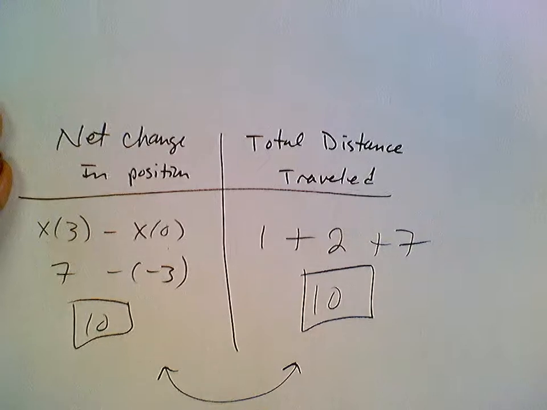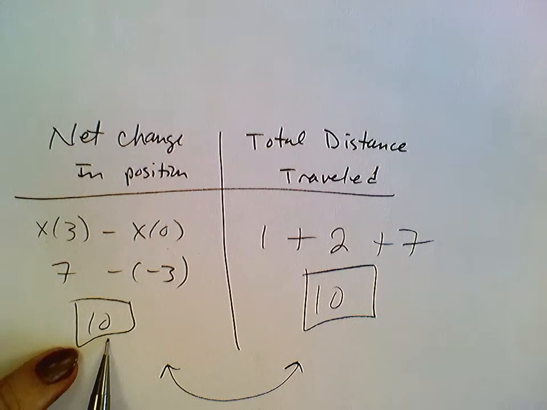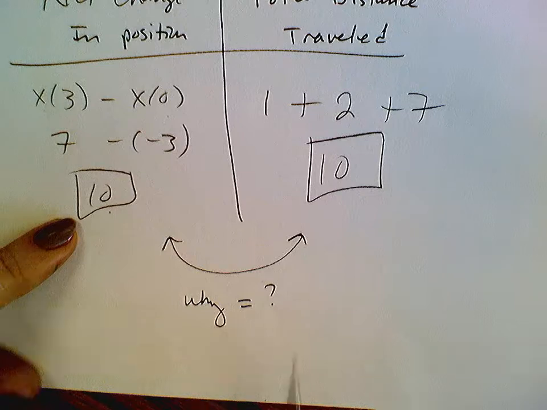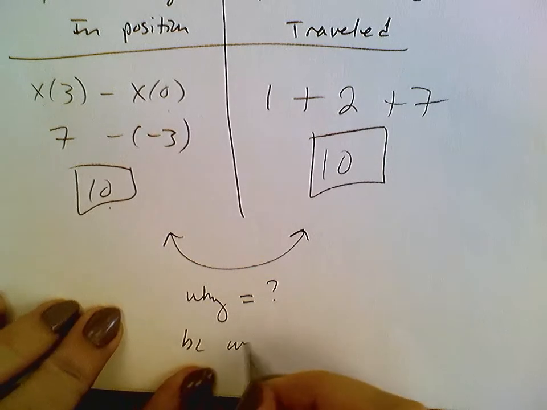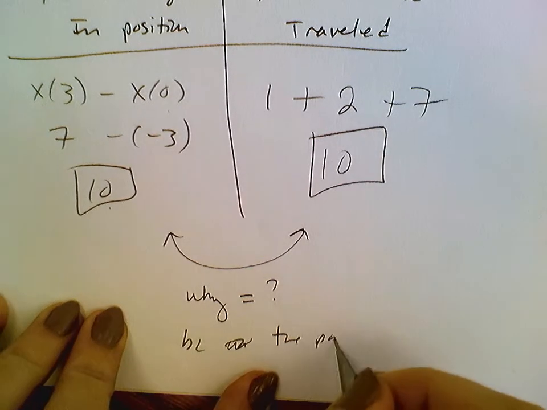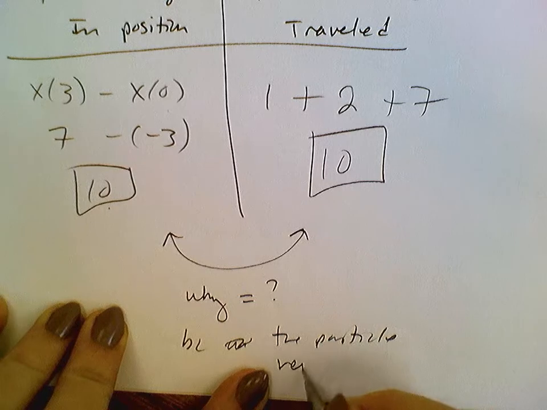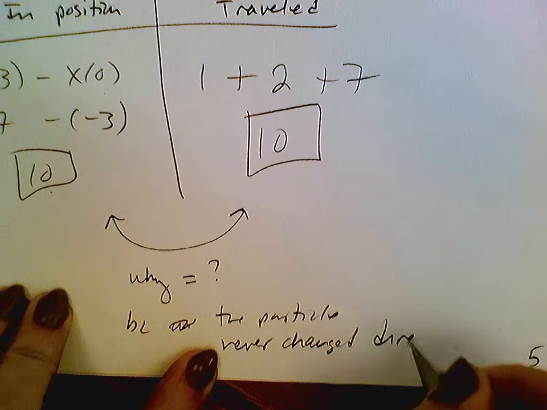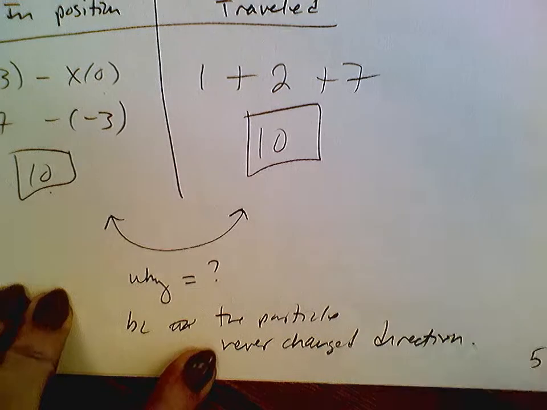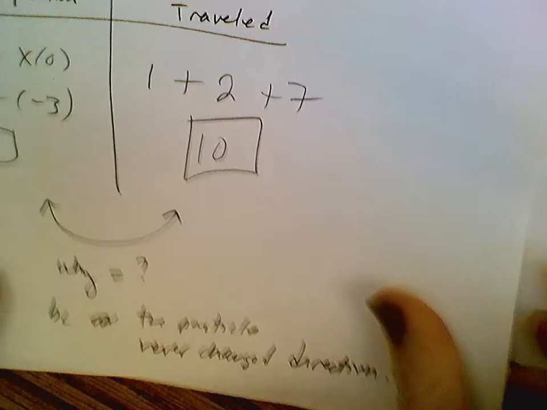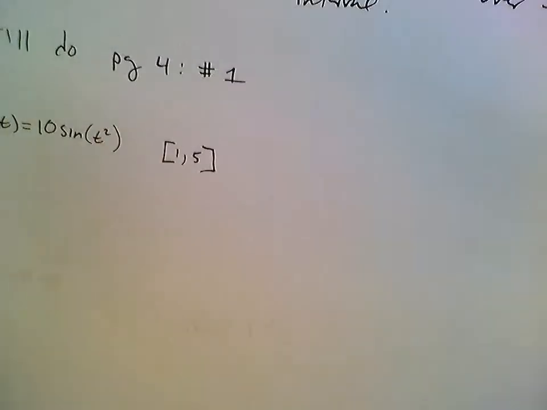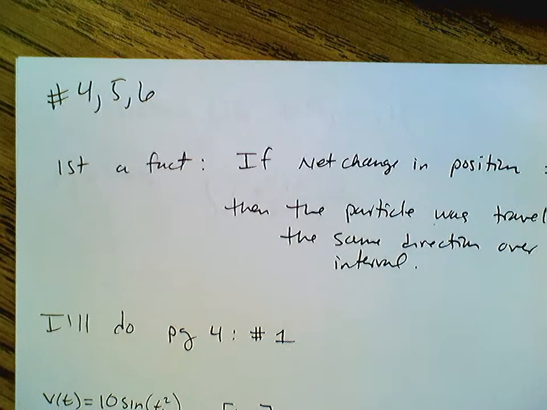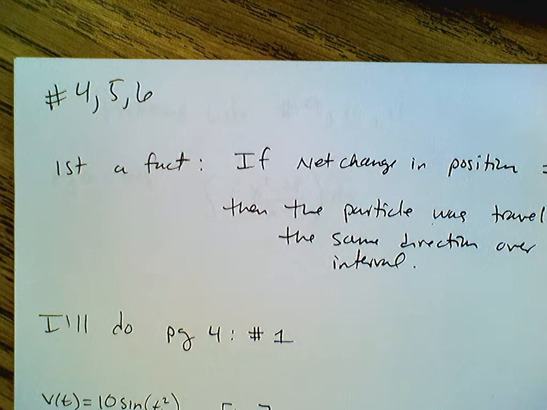So here is a case where the net change in position, or the displacement, is equal to the total distance traveled. Why are they equal this time? Because the particle never changed direction. And that brings us to numbers 4, 5, and 6, where I'm going to do a problem like them.